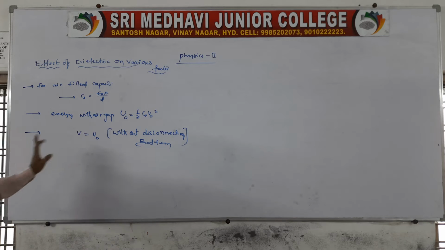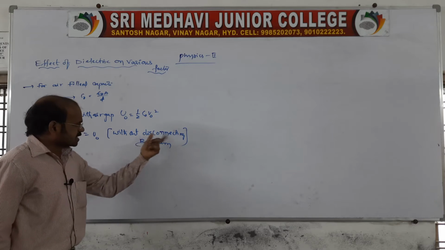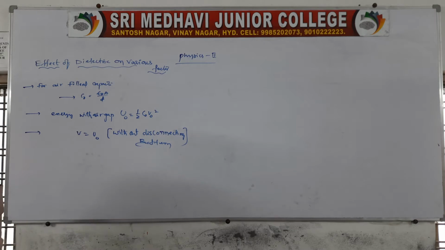Now here, without disconnecting the battery, the potential will be V is equal to V naught. Now I will draw the diagram.